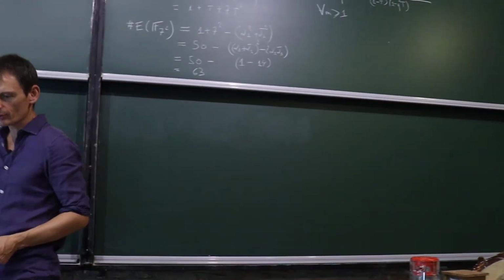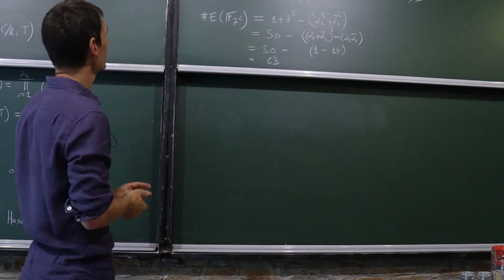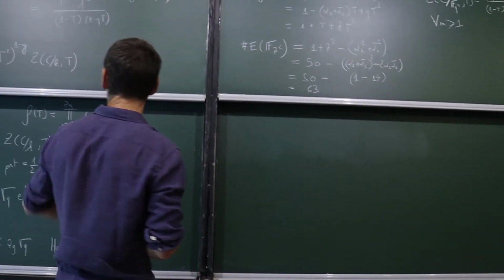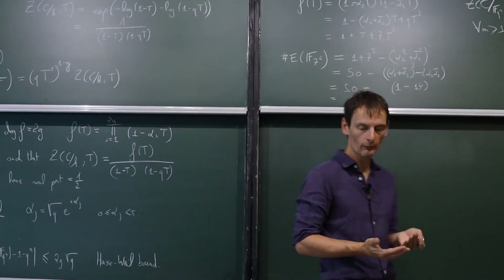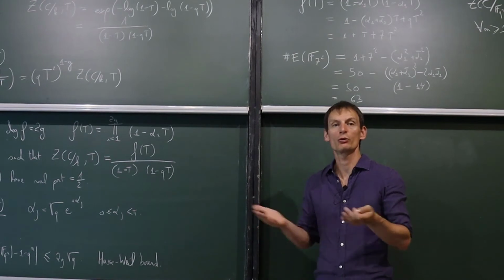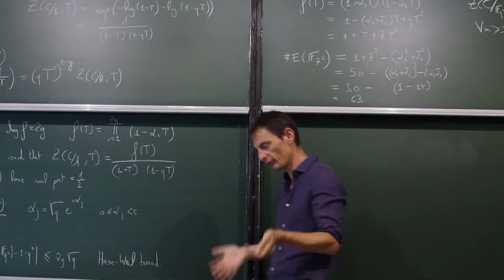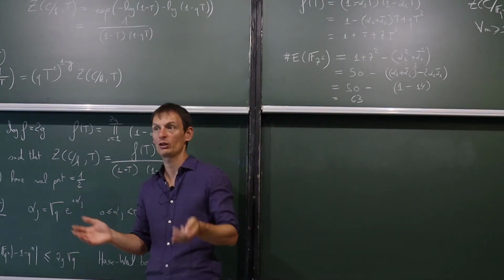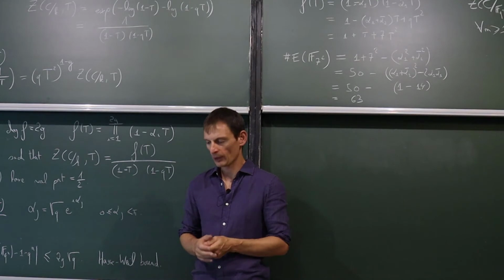As maybe an interlude, let me also say, nice, so we have this important zeta function. We know that it is a rational function, and we would like to compute it for a curve. I give you an equation of a curve over finite fields, and I tell you, okay, this is a curve of genus g, let's say g equals 6. Can you compute the zeta function?